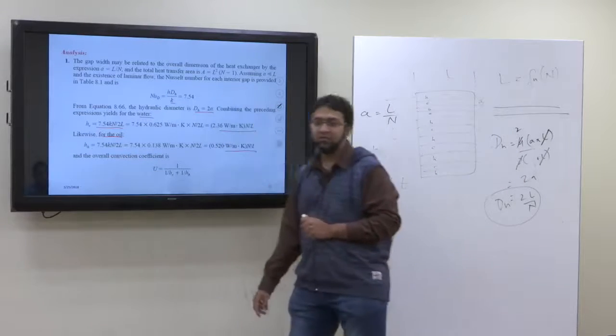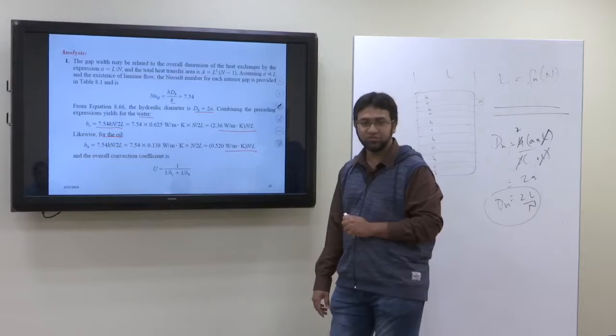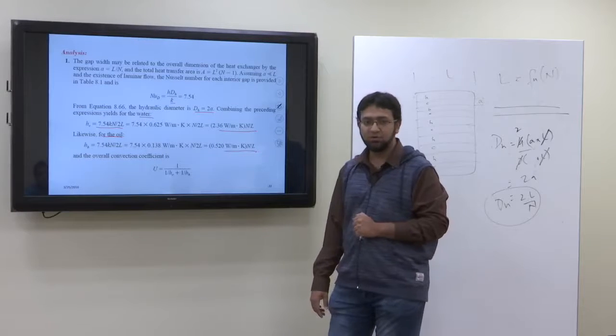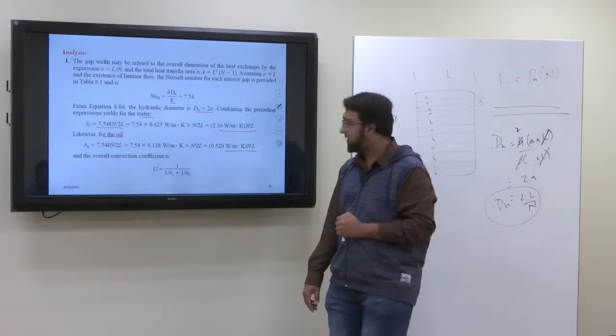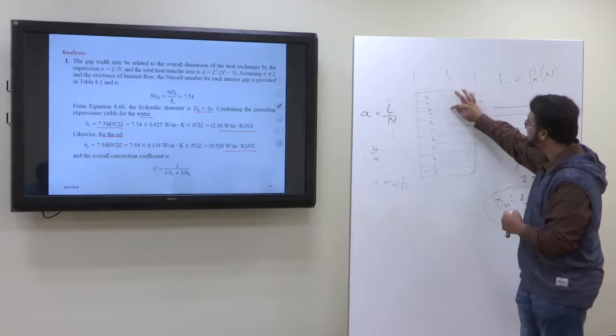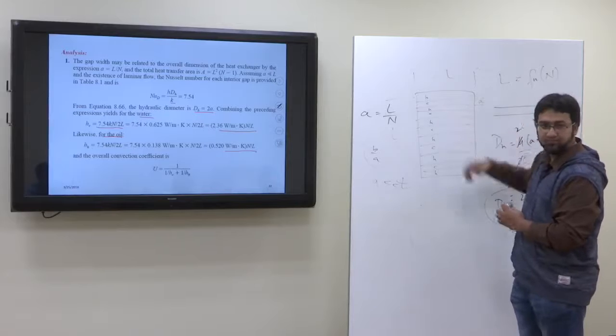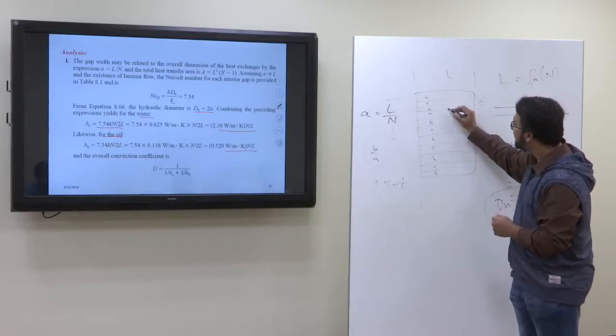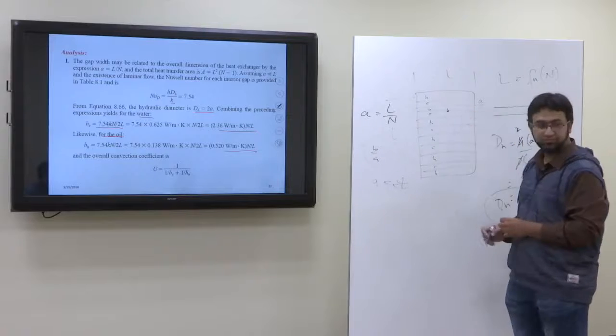Now we need to find out the overall heat transfer coefficient. What's the overall heat transfer coefficient? On one side we have the hot, on the other side we have the cold. So heat will be flowing from hot to the cold.